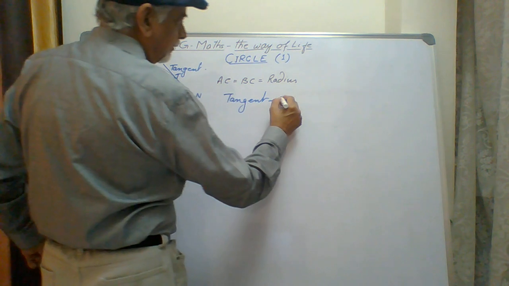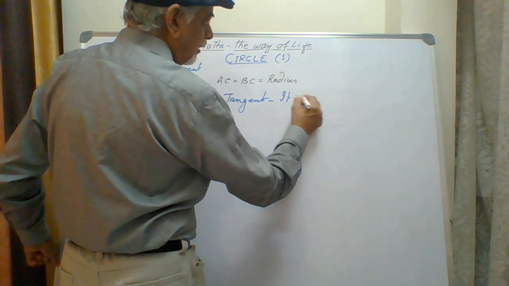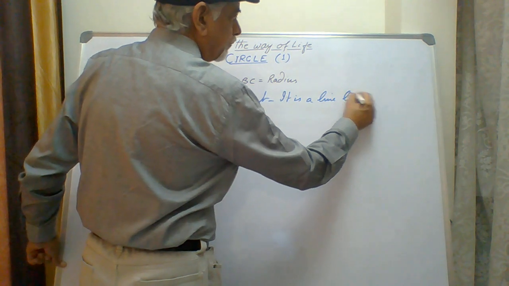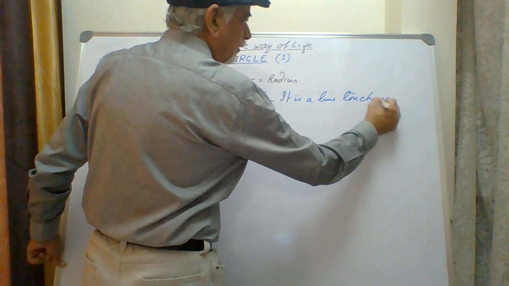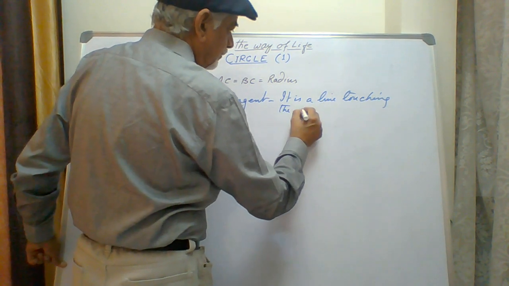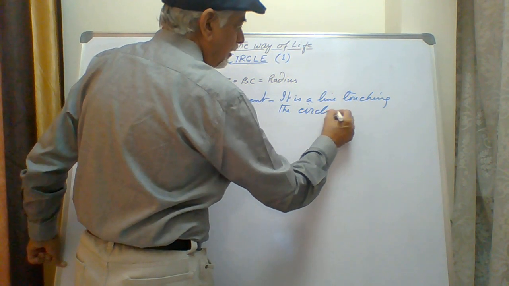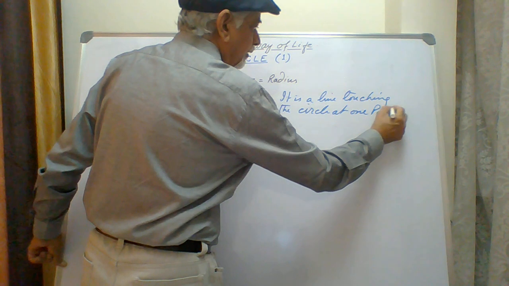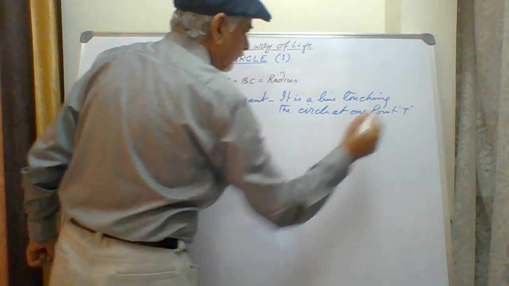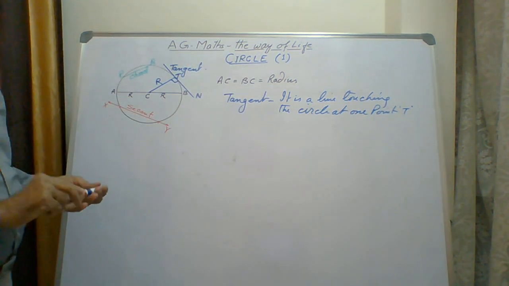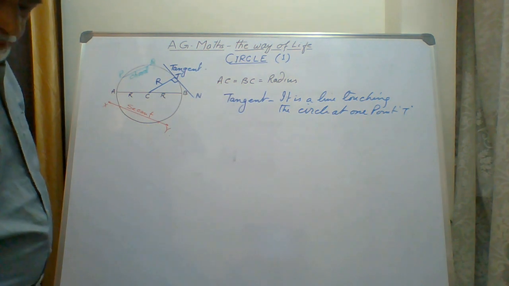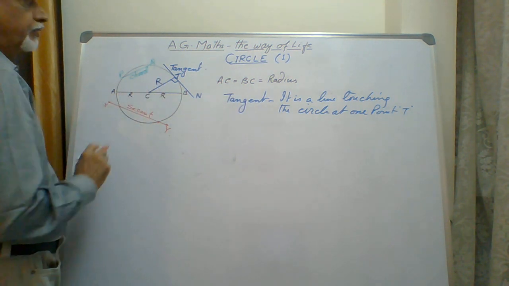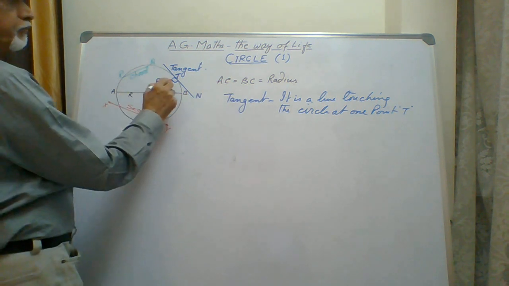It is a line touching the circle at one point. In our figure it is point T. And at point T, if I join the center, a radius drawn to the point T will always be perpendicular.